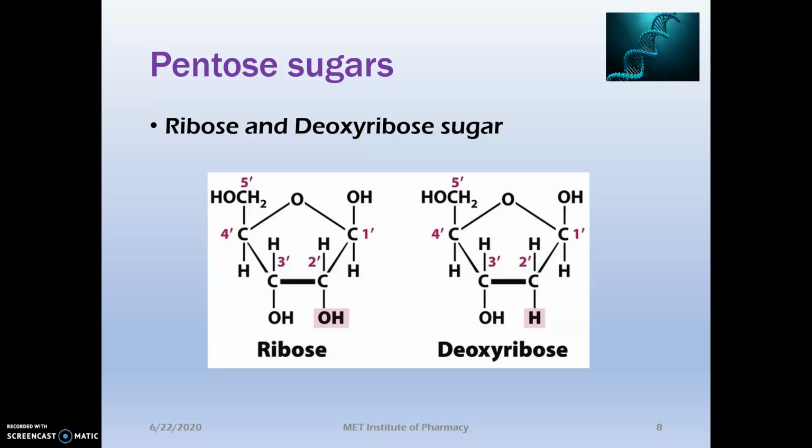So this is a structure of ribose and deoxyribose sugar. What is the difference between these two structures? A ribose sugar has a hydroxy group attached to the 2' position, whereas deoxyribose sugar does not have an oxygen at the 2' position. That gives the name deoxyribose sugar.